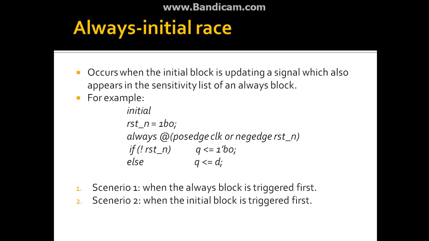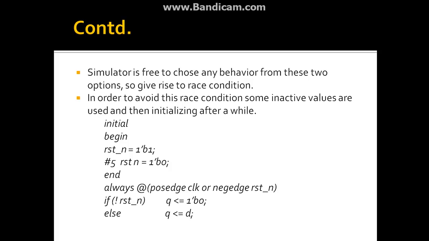Let us consider another scenario in which, at the start of the simulation, the initial block is triggered first. It takes the RSTN signal to 0, which means that the negative edge on RSTN has already happened even before the always block could wake up, and it is missed by the always block. So Q does not get initialized at the start of the simulation and the always block will wait for the next event to occur.